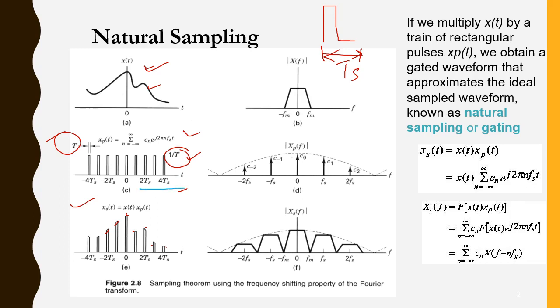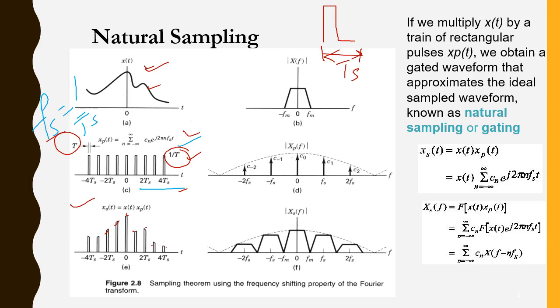If I want to express this periodic pulse train in Fourier series, it can be expressed as xp of t equals summation n equals minus infinity to plus infinity cn e to the power of j 2 pi n fs t. This is the expression of the pulse train in Fourier series, and the sampling rate, as already told, is fs equal to 1 over ts, which is chosen to be equal to twice fm.